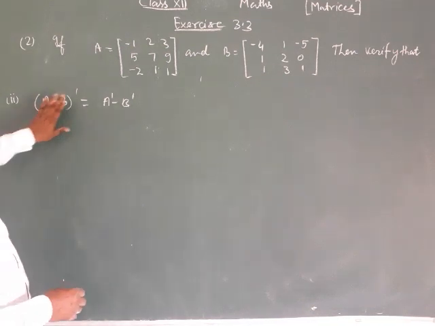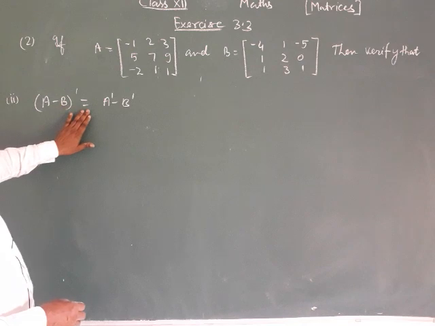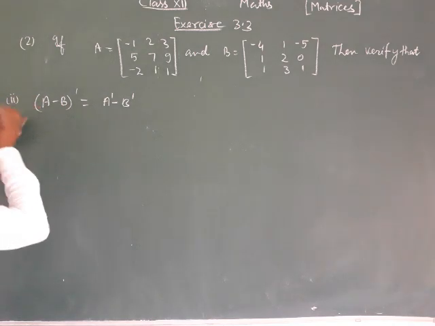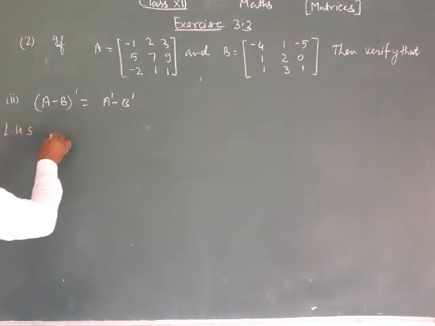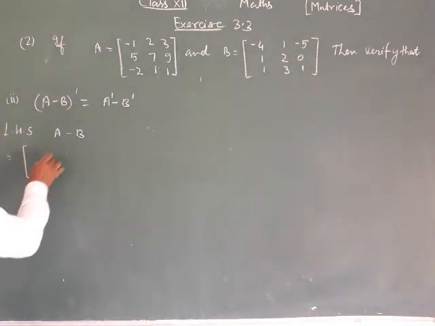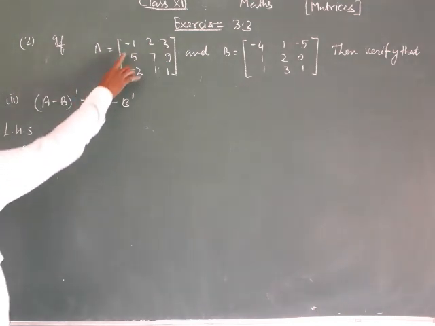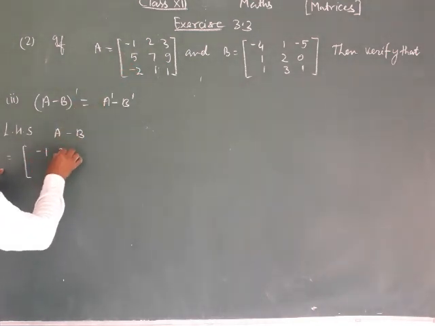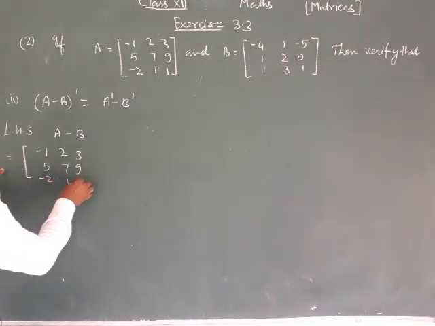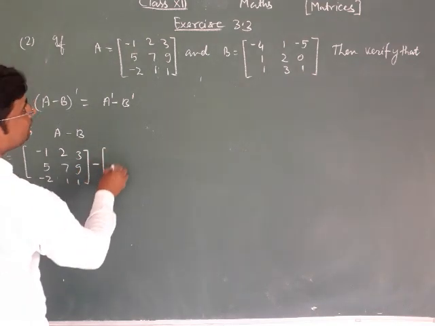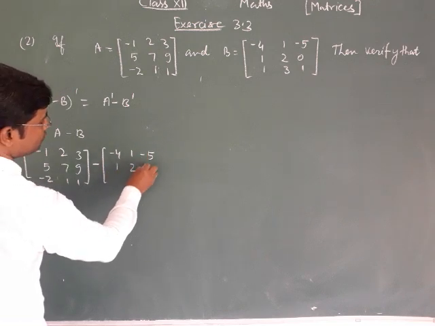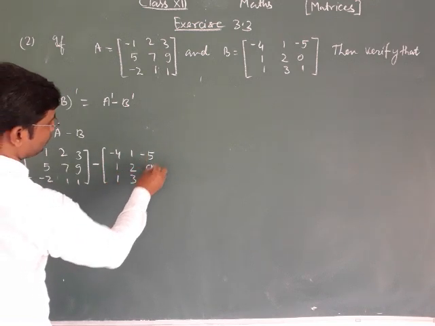And second part, transpose of A minus B is equal to transpose of A minus transpose of B. So now taking LHS, so A minus B. For A minus B, given matrix A is minus 1 2 3, 5 7 9, minus 2 1 1, and B is given as minus 4 1 minus 5, 1 2 0, 1 3 1.